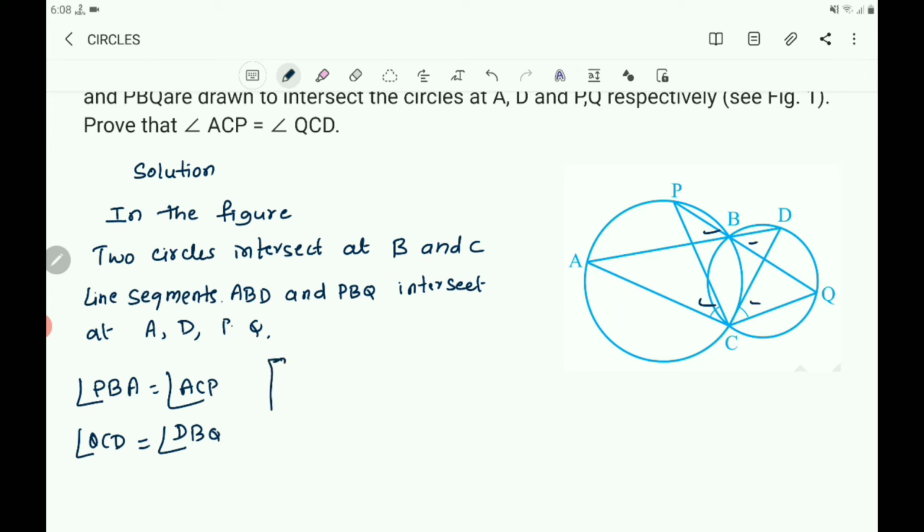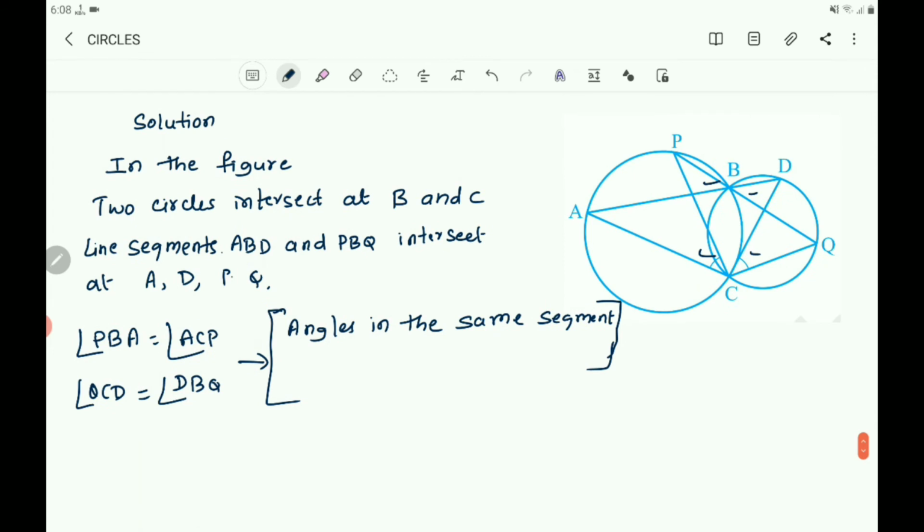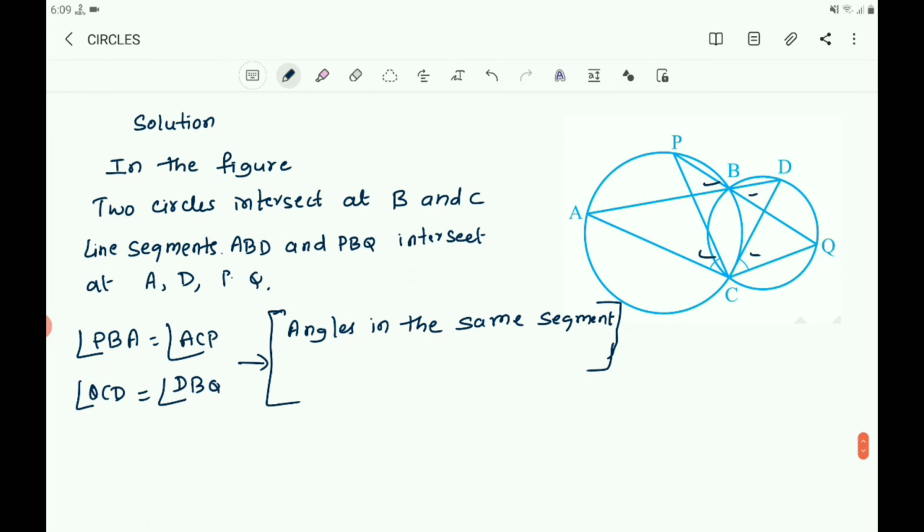So write the common reason for this, angles in the same segment. And also you write angle PBA is equal to angle DBQ.